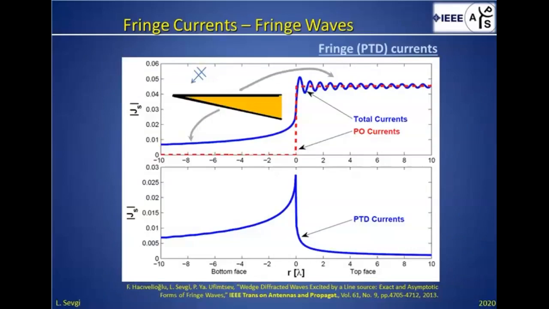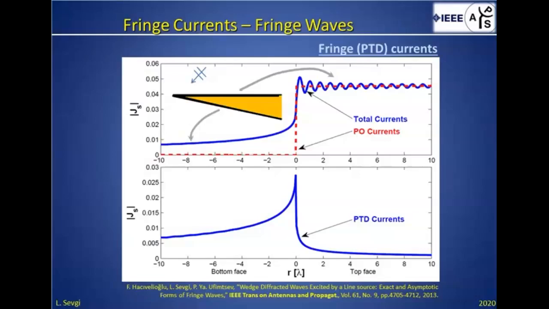The left half of these plots show the currents on the bottom face, and the right side of this plot gives you the currents on the top face of the wedge. So here you see how we discriminate PTD from the total currents.